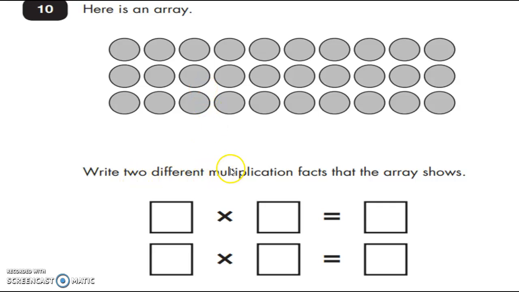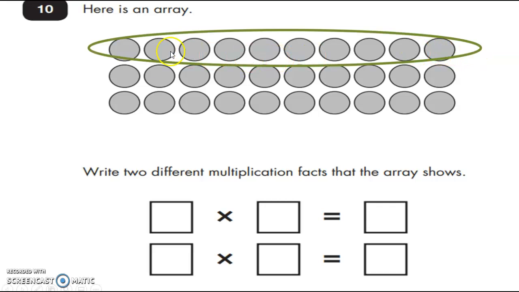Okay, so when we look at the array, let's count the numbers across. We have 1, 2, 3, 4, 5, 6, 7, 8, 9, 10. Then we look and see how many we've got down. So we've got 1, 2, 3.